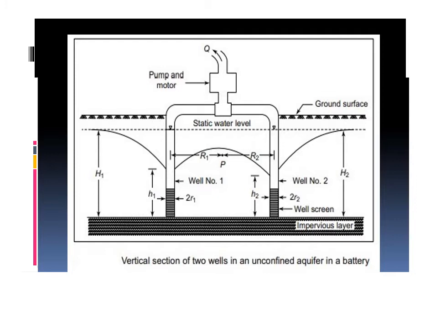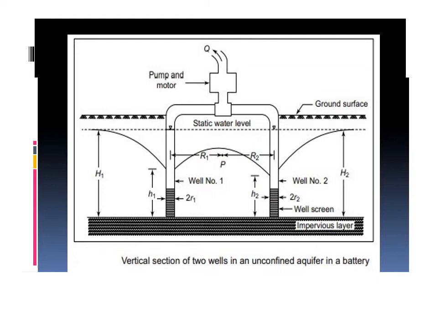Small h1 and small h2 are the water levels in well number 1 and well number 2 respectively. Twice r1 and twice r2 are the diameters of well number 1 and well number 2. You can see here R1 and R2 are the radii of influence of well number 1 and 2 respectively. Here you can see the cone of depression of both the wells. The cones of depression of well number 1 and 2 are overlapping with each other.